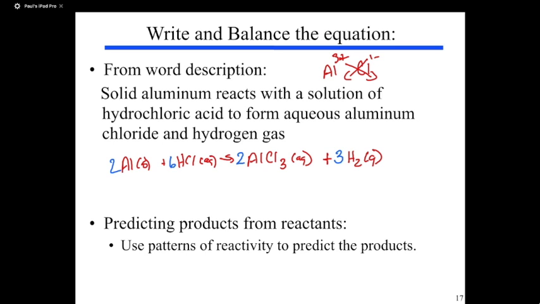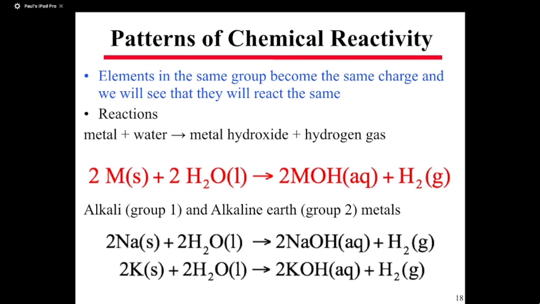All right. At this moment in time, I told you the entire chemical story except for the balancing part. But I said that sometimes you're going to have to predict products. Here are the kinds of reactions that you're going to have to predict. If I take a metal and I plop it in water, a lot of times the reaction will produce 2 things: hydrogen gas and the metal hydroxide.